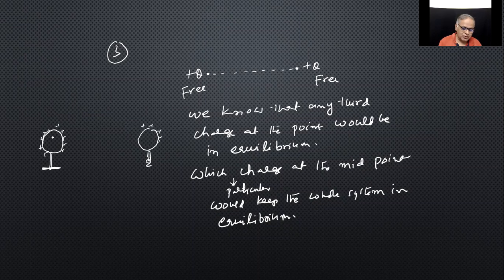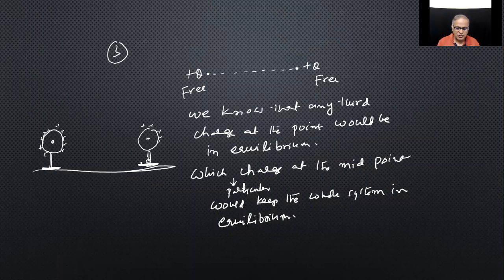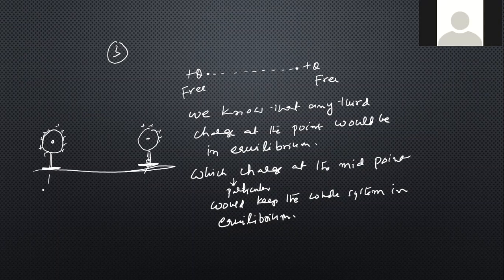This is equivalent to a point charge here, and this is equivalent to a point charge here. That is fixing. What is not fixing? You can place them on a smooth table and think there is no friction. These are all very important things. Remember it.